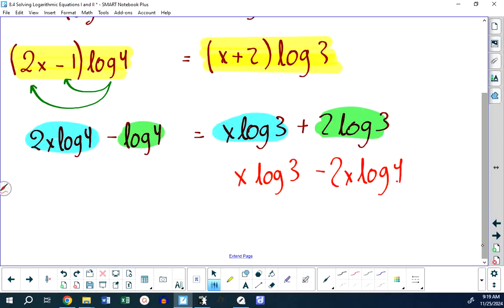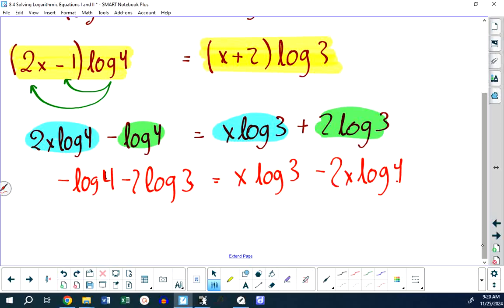So we take x log 3 and subtract 2x log 4, and then over here I get negative log 4 minus 2 log 3. And by the way, there's a lot of numbers floating around here. You have to be very careful about writing things correctly. But I think that looks good.